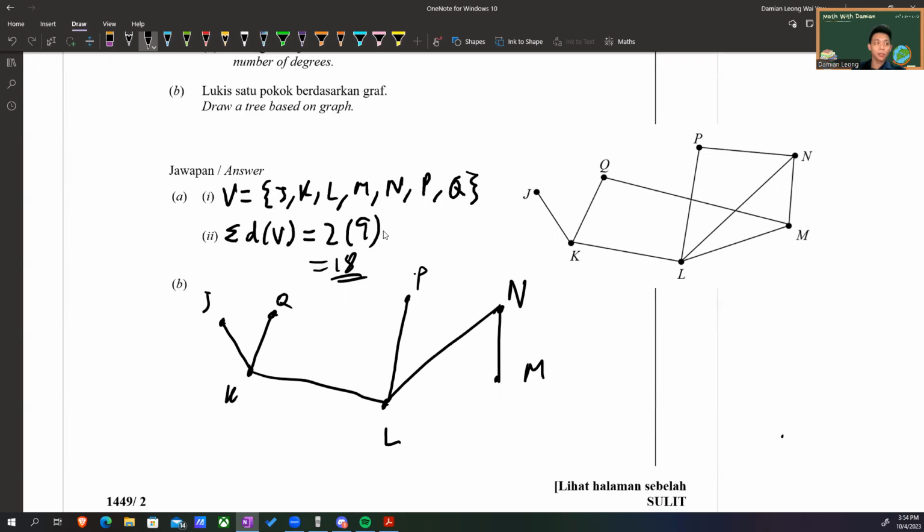So there are very many different ways you can draw the tree, but you cannot form a loop between different vertices. Once you connect something like this, then it's not a tree anymore.